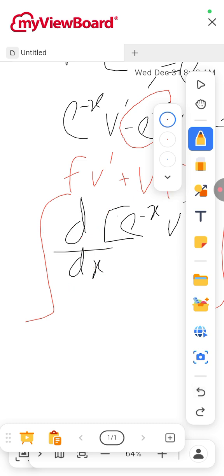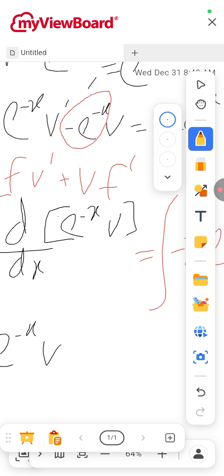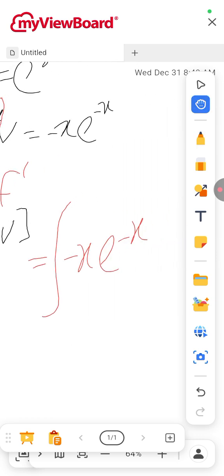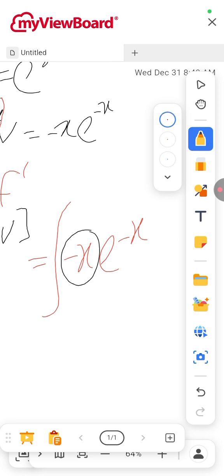So we are left with e raised power minus x times v on the left hand side of the equation. Then for the right hand side, I'm integrating the product of two functions, one function multiplied by another function. So which technique are we going to use here?